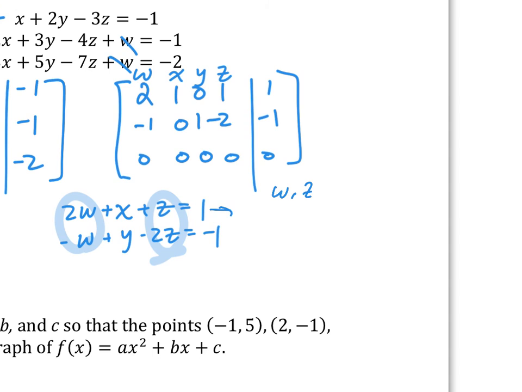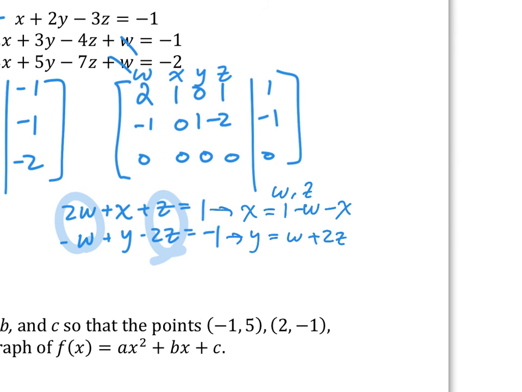And then what I'm going to do is write X in terms of W and Z, because those are my fixed variables. So X in this case is, if I just solve it, 1 minus W minus Z. I'm going to do the same thing with Y. So Y is equal to W plus 2Z.